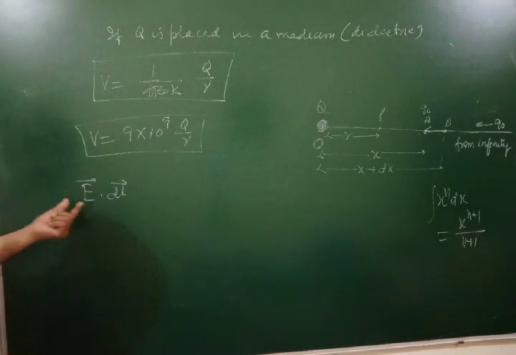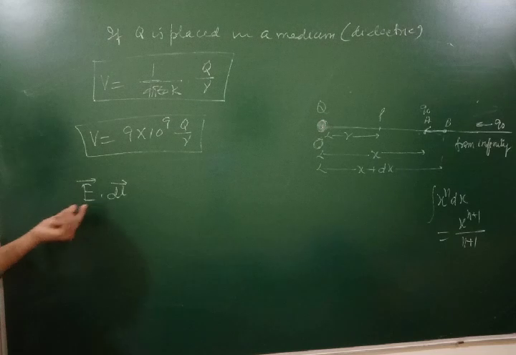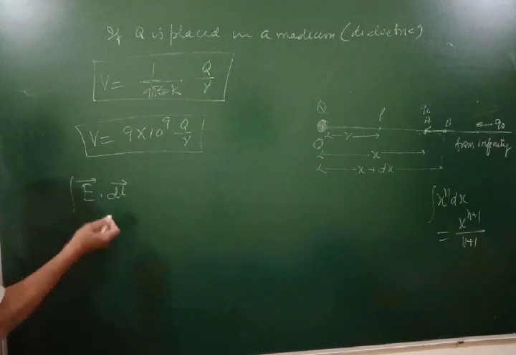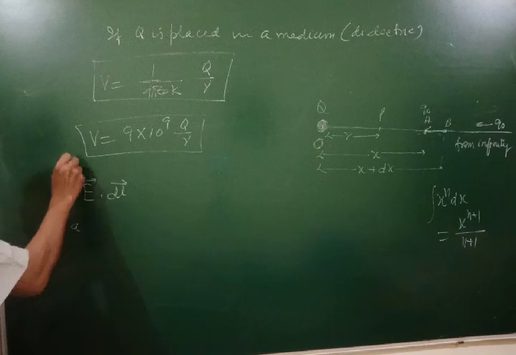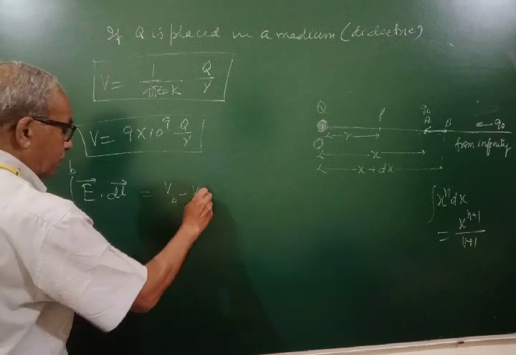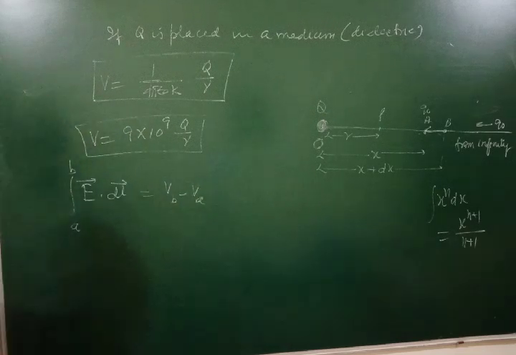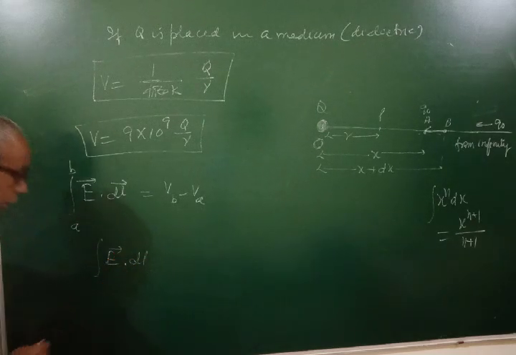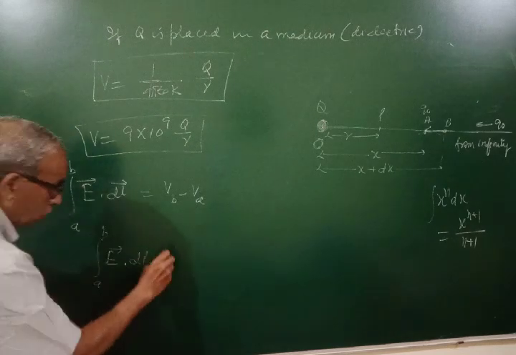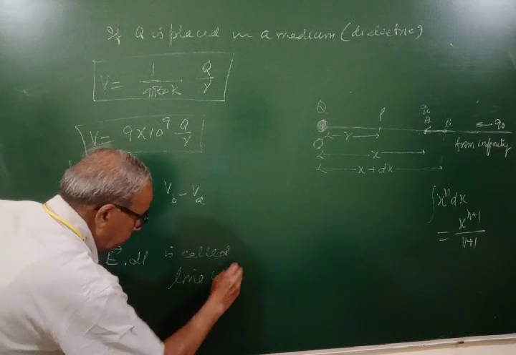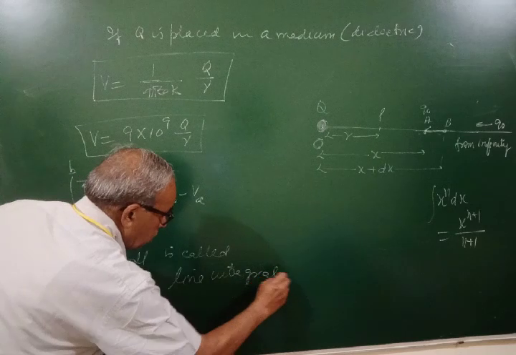E, the electric field, is the force per unit charge. So this is force on unit charge, dl is distance, so force into distance is work done. If I integrate this from A to B, this is called the line integral, and it will give V_B minus V_A. E dot dl integration from A to B is called line integral of the electric field.